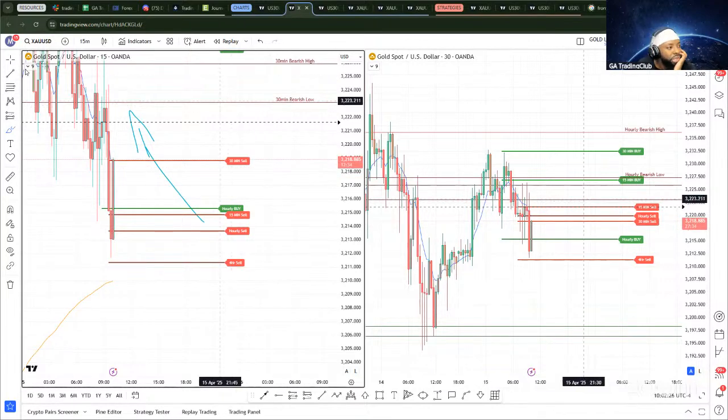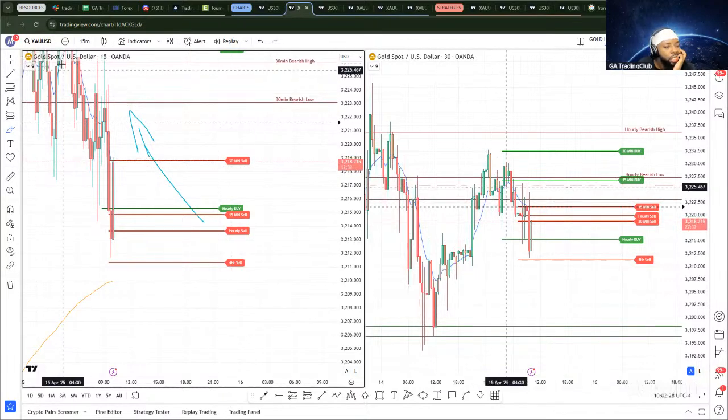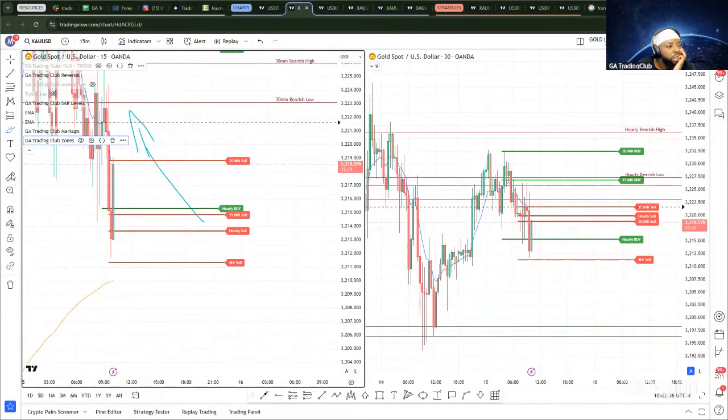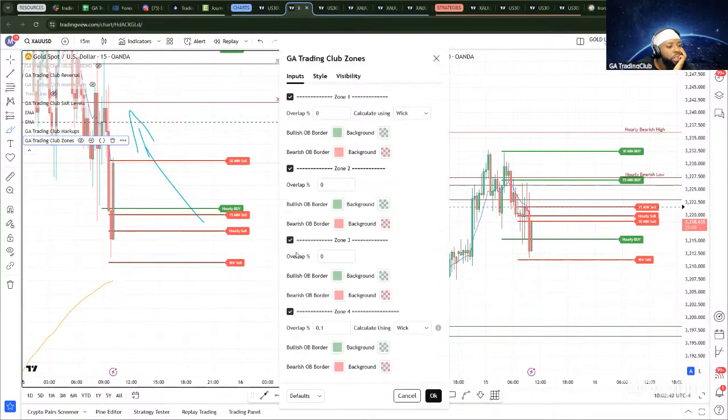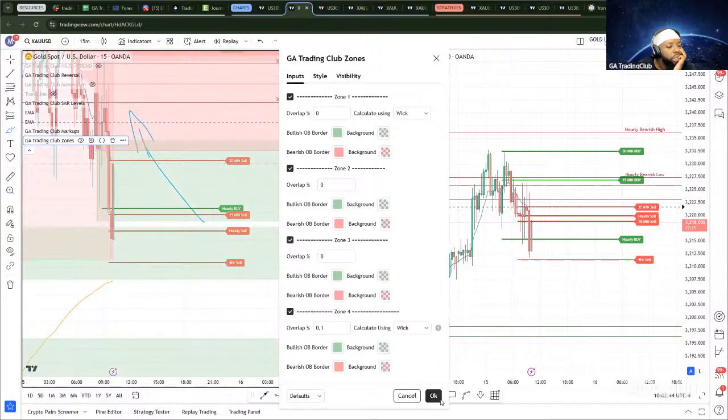So if I turn on the zones, okay, there they are.